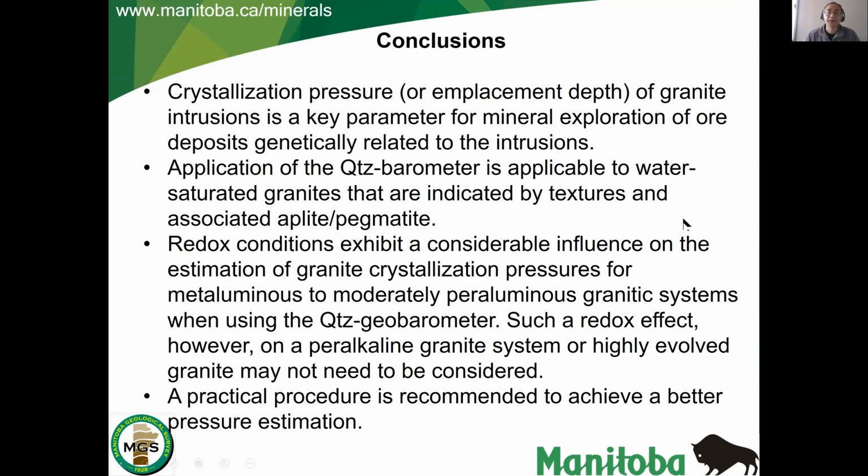The redox conditions exhibit considerable influence on the estimation for metaluminous to moderately peraluminous granite systems, especially for the silica-low granites. But such redox condition, however, on peralkaline granites or highly evolved granites may not be considered. We also present a spreadsheet to calculate the pressure.